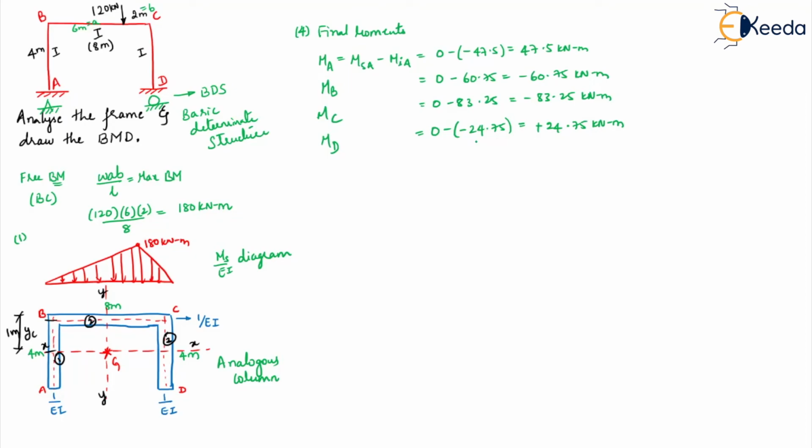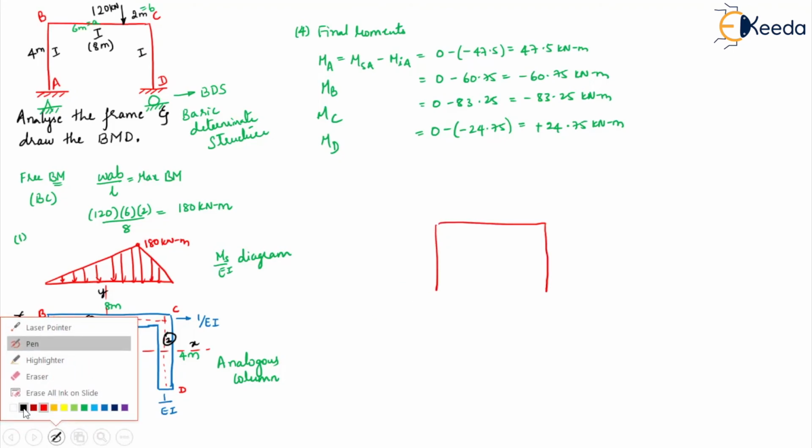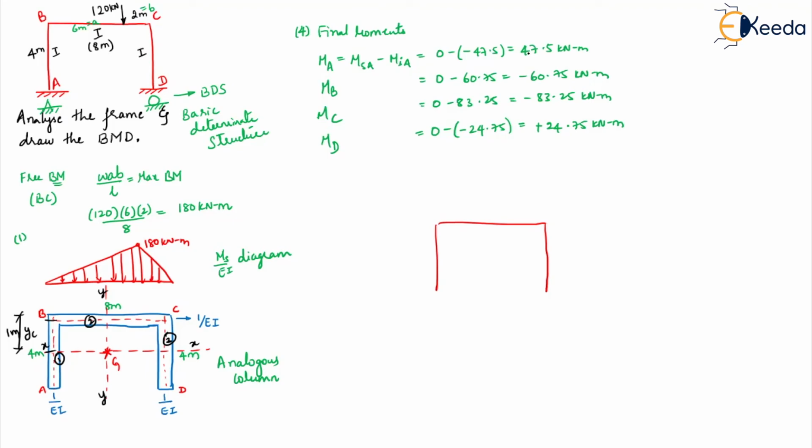You just have to draw the bending moment diagram. Very simple. So take the frame, plot the values. So how much is this? 47.5. Okay, negative we will take it here. So this is 60.75. Here also it is 60.75. Here is how much? 83.25.